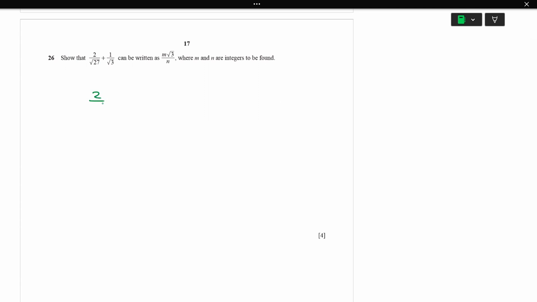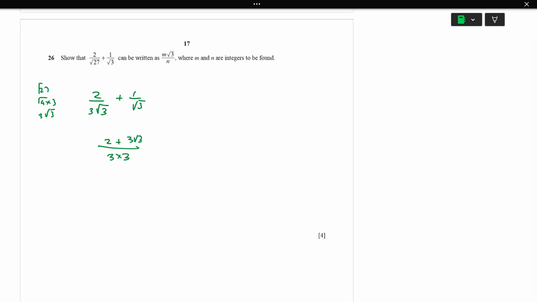Okay, here 2 by square root of 27 is the same thing, 3 root 3, because square root of 27 is square root of 9 times 3. So we can write 3 root 3 plus 1 by root 3. So the LCM is going to be 3 root 3 times root 3, which is 3 times 3. So here it is 2 plus 3 root 3.